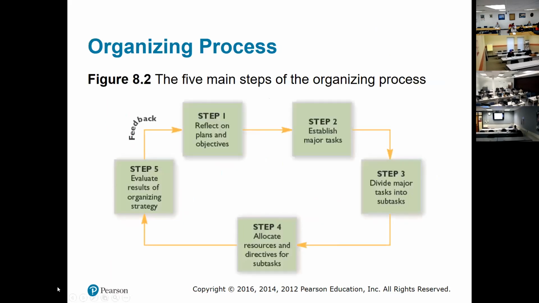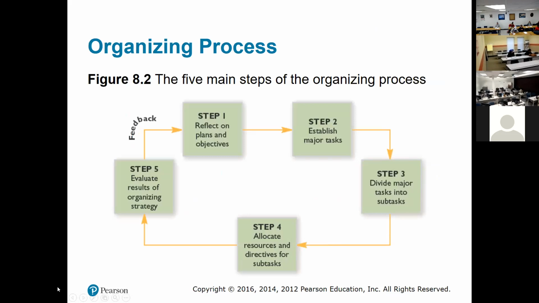Okay. So 5 steps in organization. All right, 5 steps in the organizing process. We're going to go back to our plans and objectives. All right, that's our starting point.